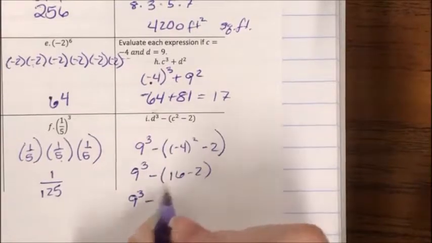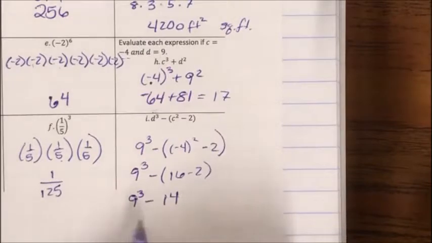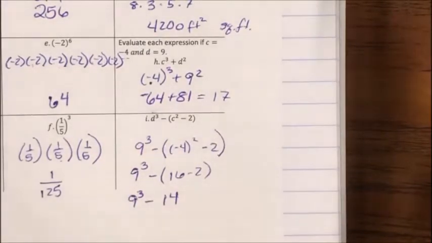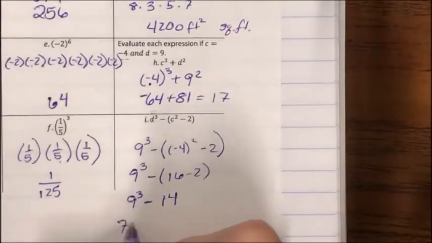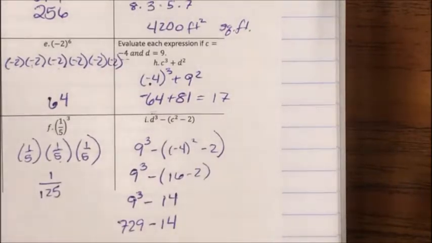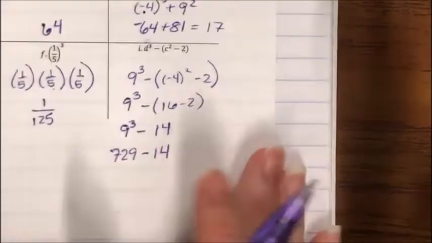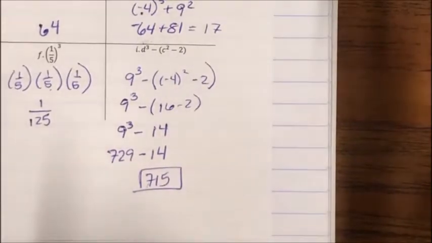Okay. 16 minus 2 gives me 14. Then I have 9 cubed. 9 cubed is 9 times 9, 81 times 9, which is 729 minus 14. Which gives me a final answer of 715.